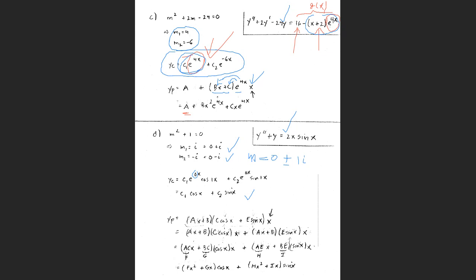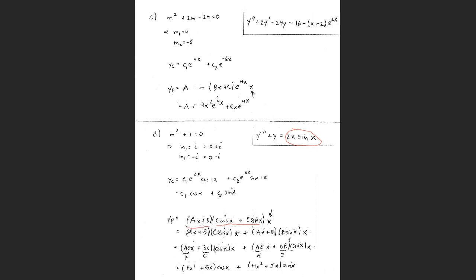But again, be on the alert. You have a sine of x on the right-hand side in your g of x function. Normally for the right-hand side, 2x times the sine of x, you would just have c cosine of x plus e sine of x times ax plus b.